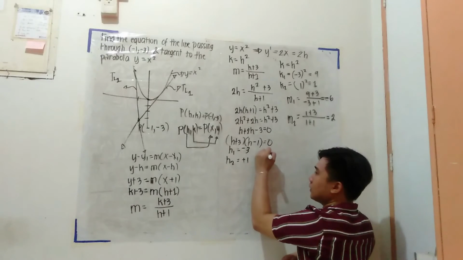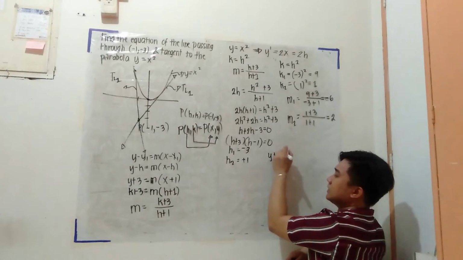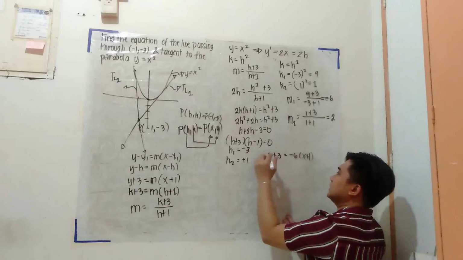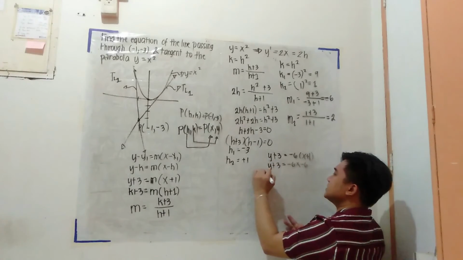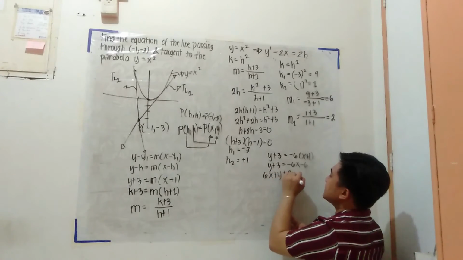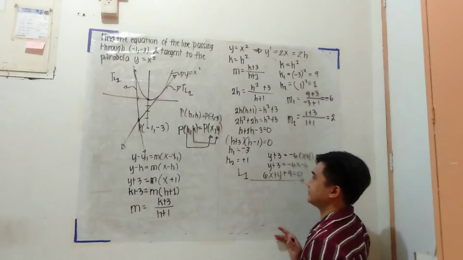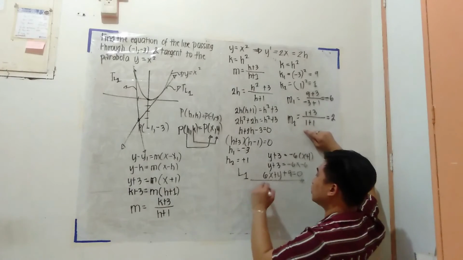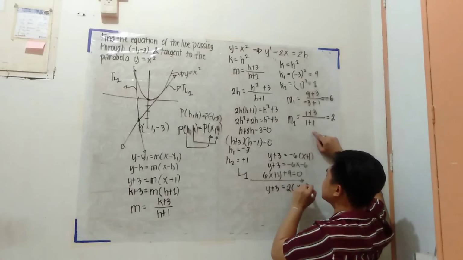So, y plus 3 equal to negative 6 times (x plus 1). So, y plus 3 is equal to negative 6x minus 6, or simply 6x plus y plus 9 is equal to 0. So, this is your line 1. Line 2, gagamit ka ng slope 2. So, y plus 3 is equal to positive 2 times (x plus 1).